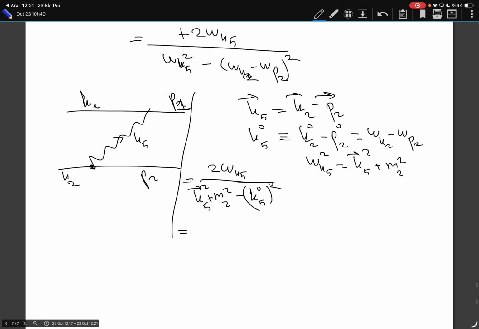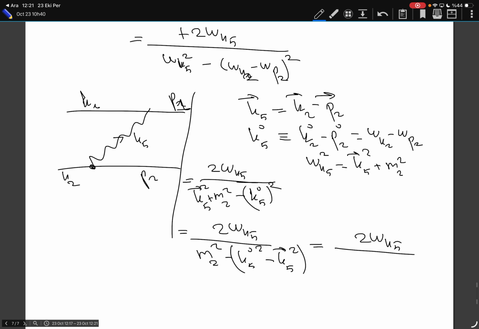Which is twice omega K5 divided by M2 squared minus K5 0 squared minus K5 vector squared, or twice omega K5 divided by M2 squared minus K5 4 vector squared. Okay.